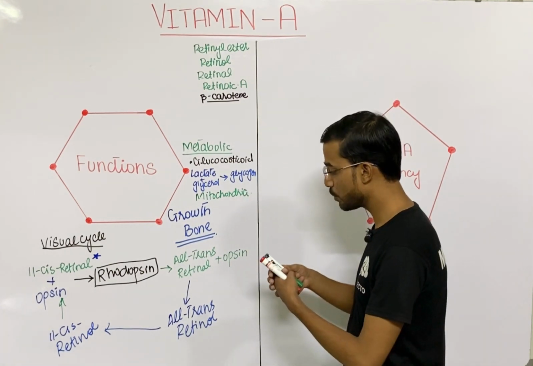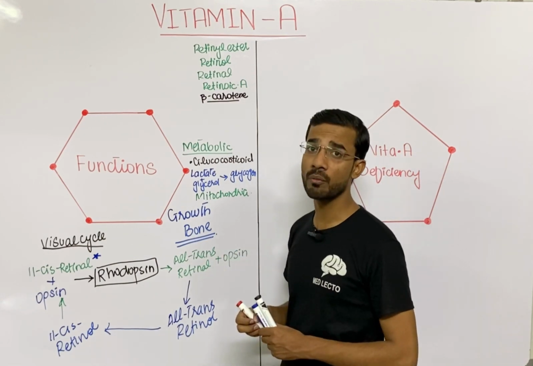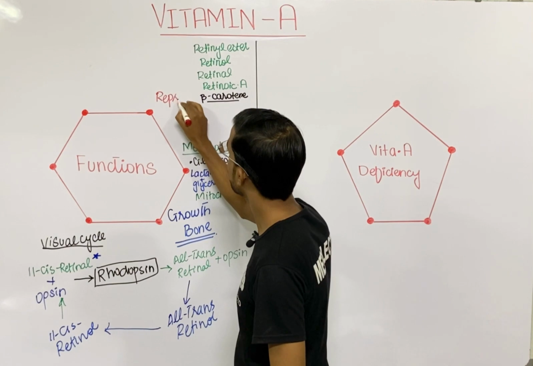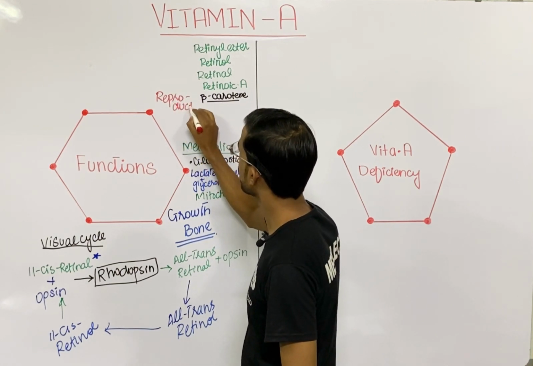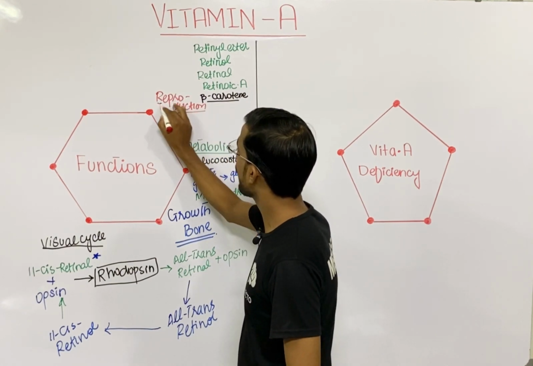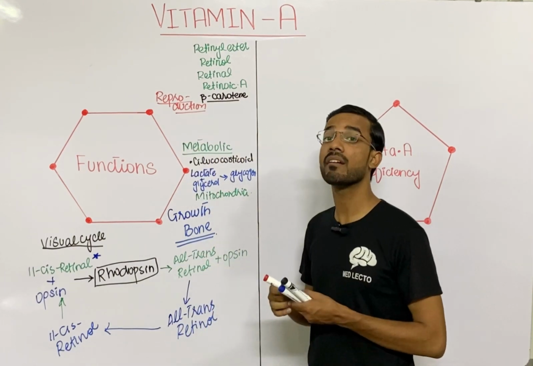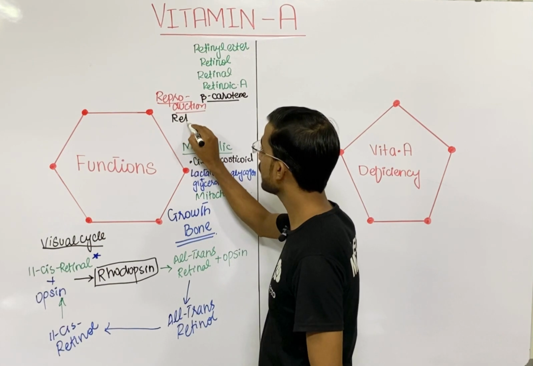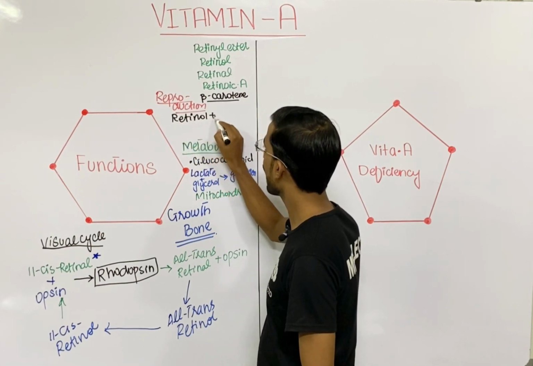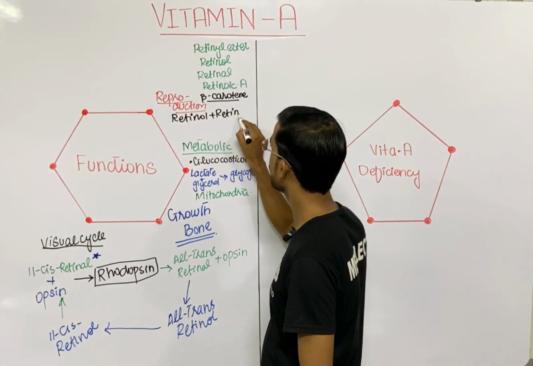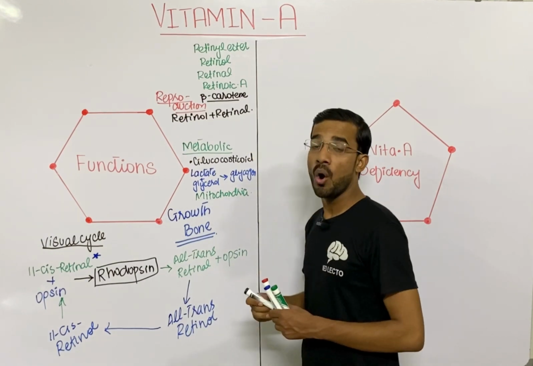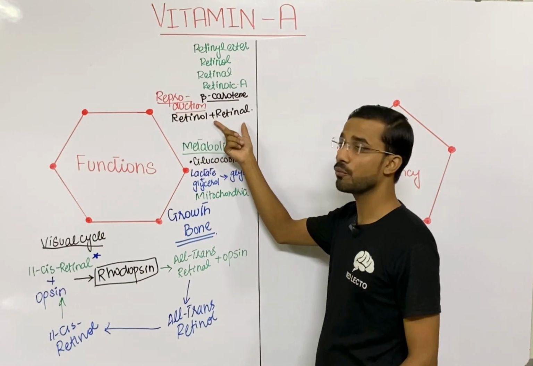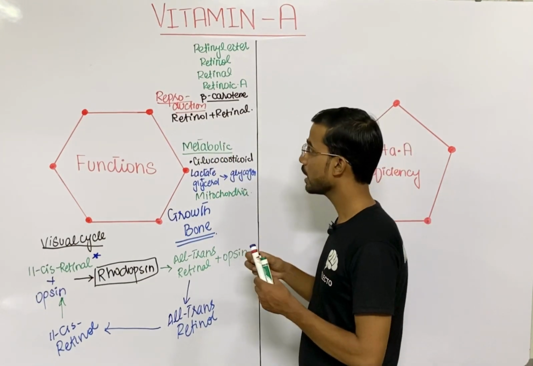Okay, next if we discuss the role of the vitamin, that is reproduction. So vitamin A in the form of retinol and retinal is very important in reproduction.